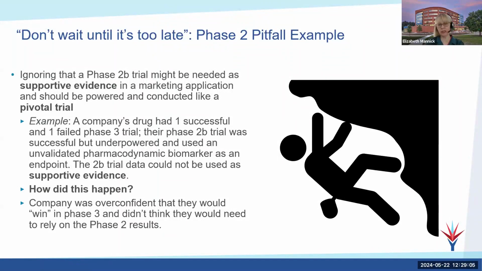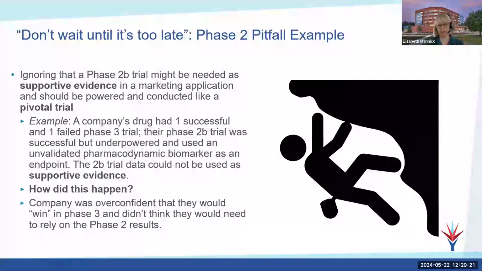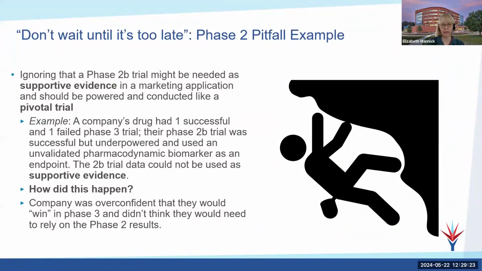So the 2b trial data could not be used as supportive evidence and save the drug approval. How did this happen? The company was overconfident that they could win in phase 3, and they didn't think they would need to rely on their phase 2 results. So best to have a plan B and consider using your phase 2b trial as supportive evidence. Next.